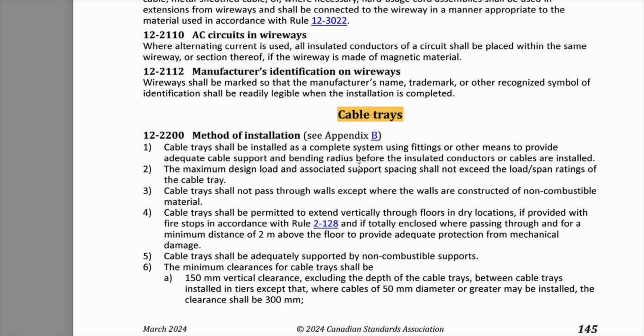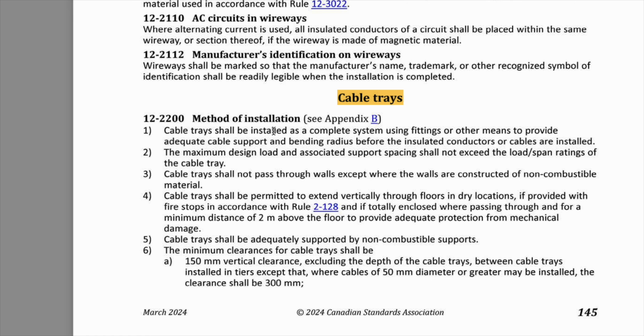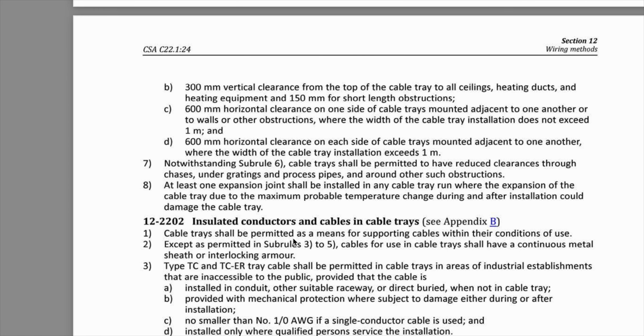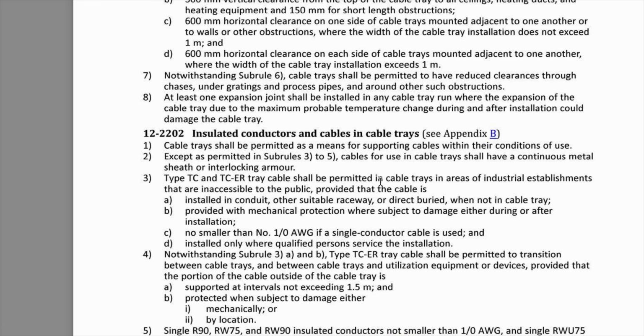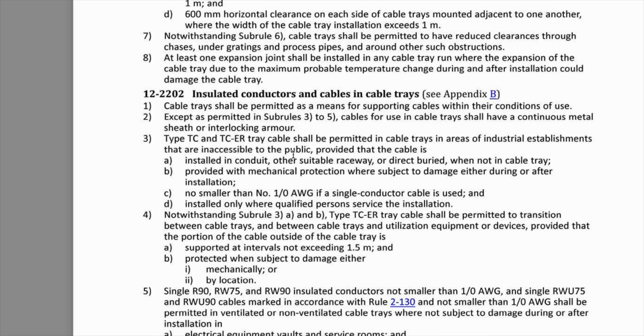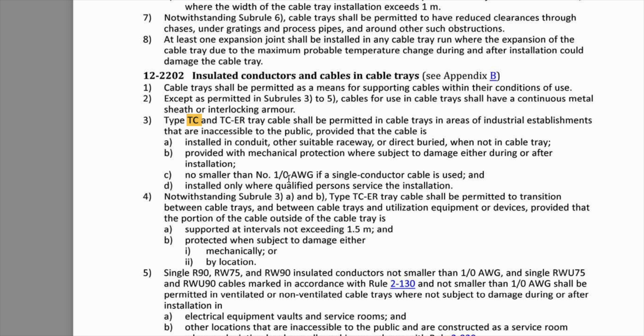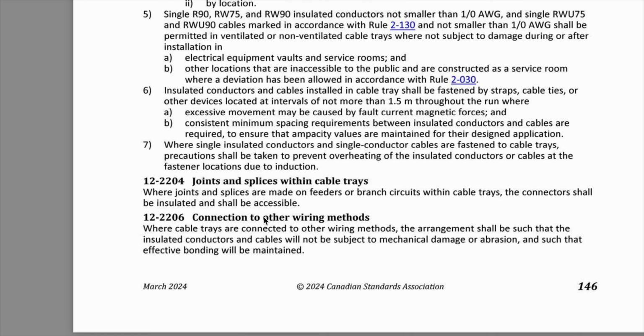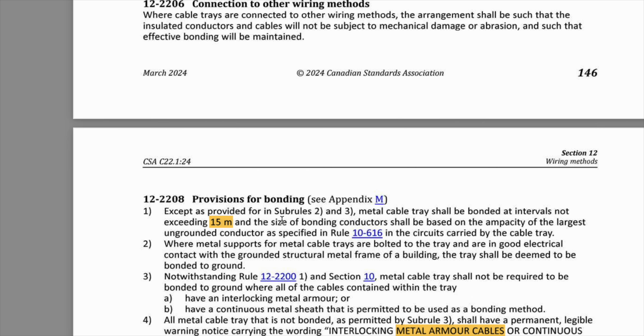So you can find methods of installation, insulated conductors and cables in cable trays, insulated conductors like TC cable. Yes, you can find type TC cable here. 1/0 AWG if a single conductor cable is used. Cable tray. About the bonding, let me find out about the bonding.